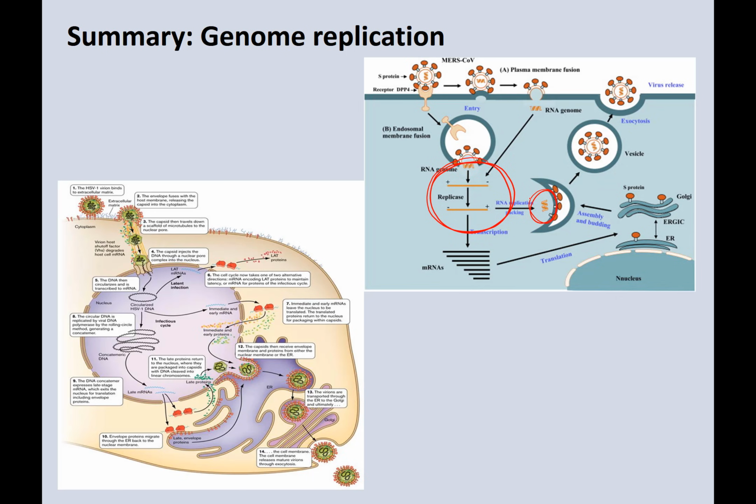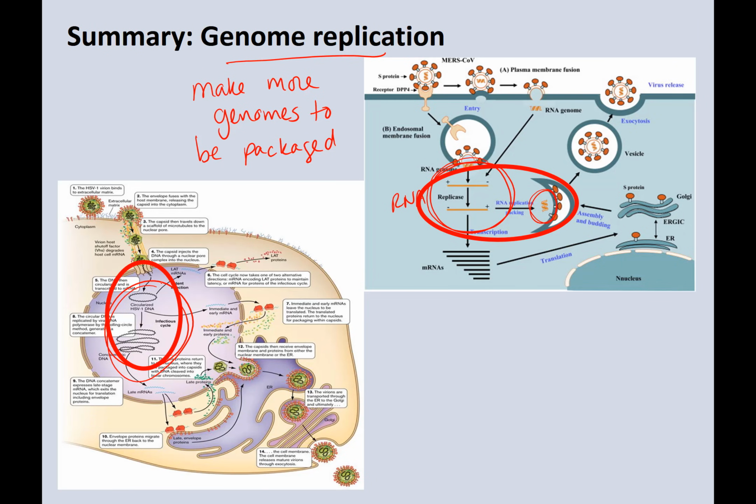So the whole point of genome replication is to make more genomes to be packaged, whether that's an RNA genome, or in this case a DNA genome, doesn't matter. You're making more of what was started with in that original virus. I hope that clears up genome replication a bit.